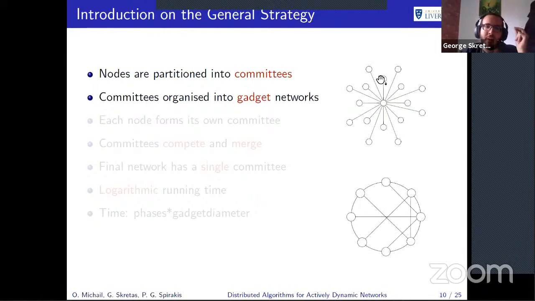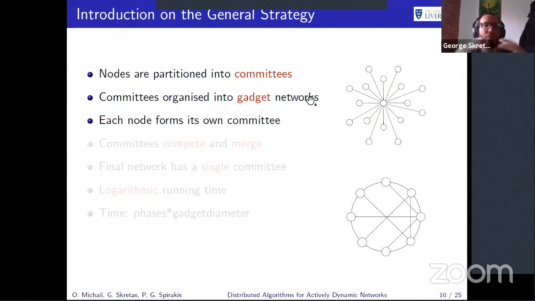For example, in our first algorithm, we have a star as a gadget network, and every committee is a star. In the second one, we have a wreath, which is this graph that I have here. I'll explain it later on. So yeah, in each algorithm, we have committees, and every such committee has the structure of such a gadget network.